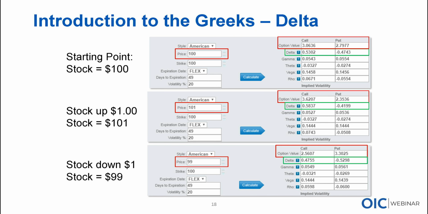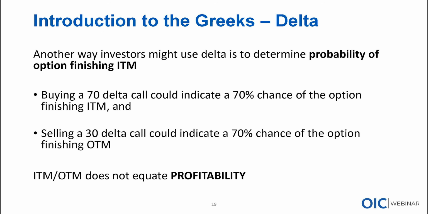So when it comes to the Greeks, delta in particular, delta is going to tell us how much we can expect the option price to move up or down based on the share price. And again, I had mentioned that another way investors use delta is to determine the probability of that option finishing in the money.